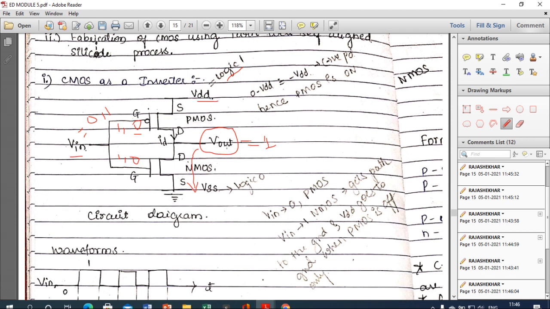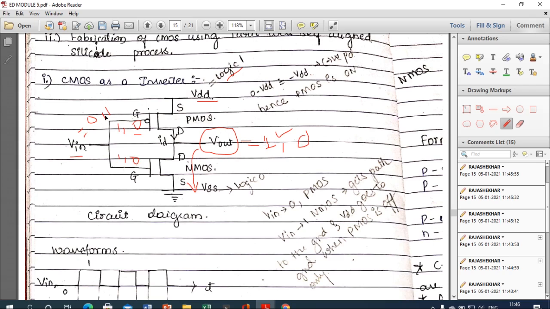Initially we have the output voltage as logic 1. This logic 1 will flow towards the ground. When it flows towards the ground, the output voltage becomes 0, because whatever the output here gets a path towards the ground. The complete voltage flows from drain to source and the output voltage becomes 0.